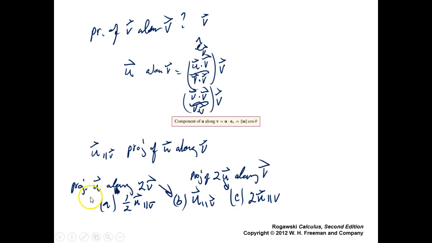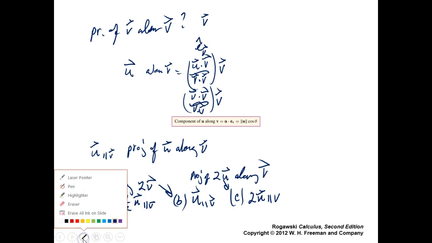Let's do 6. I'm going to erase all this. Do y'all need it any longer? Okay. 6. Which of the following is equal to cosine theta, where theta is the angle between u and v? However you put them.